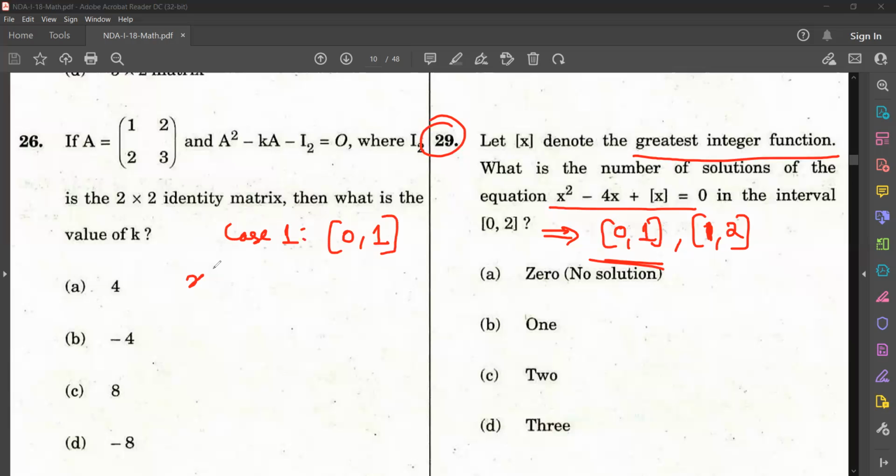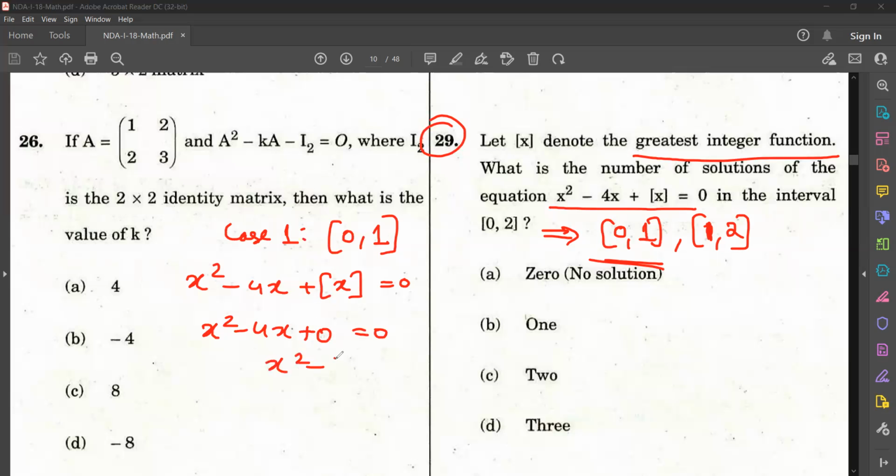So our equation is x square minus 4x plus greatest integer function is equal to 0. Now see which is the greatest integer function of the interval 0 to 1. Just 0, isn't it? The greatest integer which is coming just before 1 is 0. So I'm going to put 0 here: x square minus 4x plus 0 equal to 0.